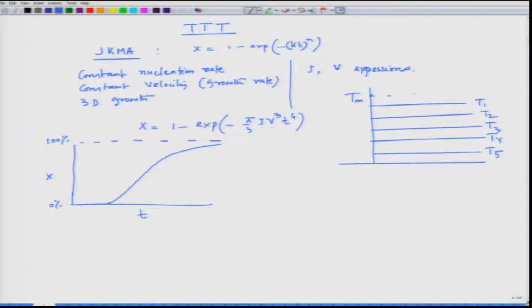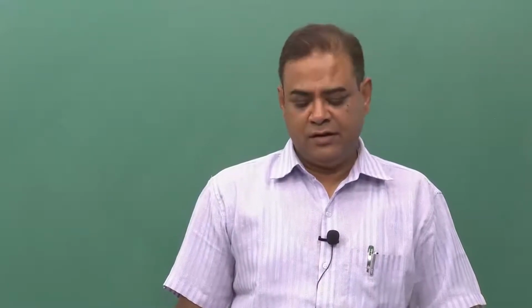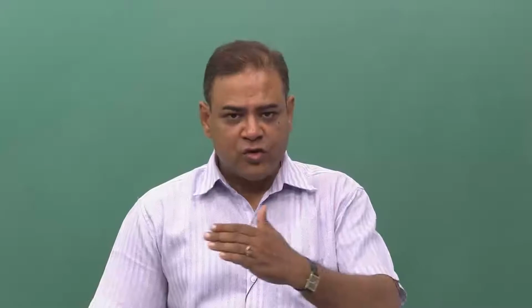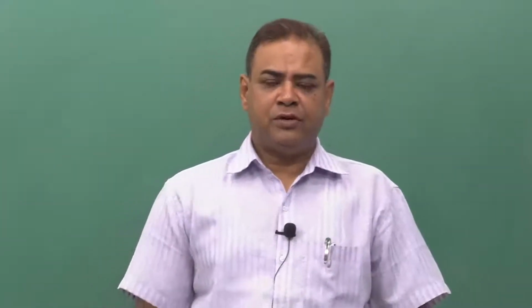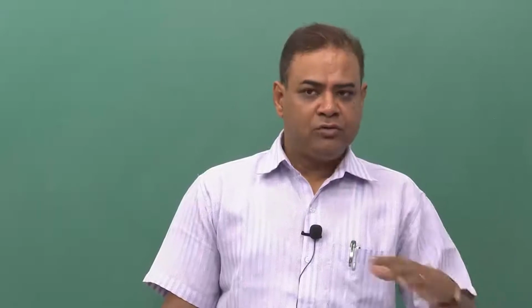And we are assuming that we can measure down to a minimum of 1%. For example, if the transformation product is less than 1%, we would say that the transformation has not taken place. That depends on what experimental techniques you are using to measure the fraction transformed. If you use a very sophisticated technique, you can go to a very low transformed fraction, 10 to the minus 2, 10 to the minus 3, all those levels.